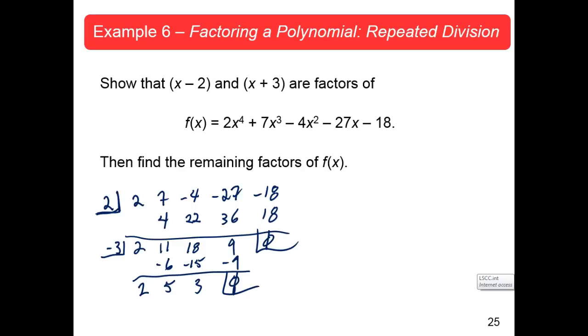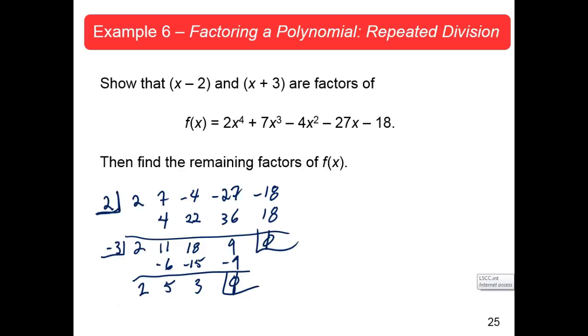What does this represent? That represents a polynomial, which is the quotient after you've done these two divisions, right?